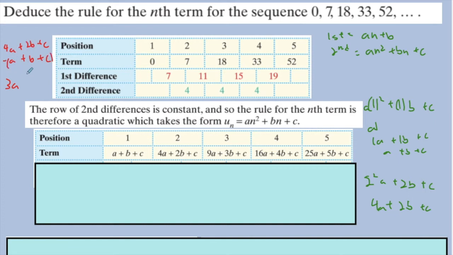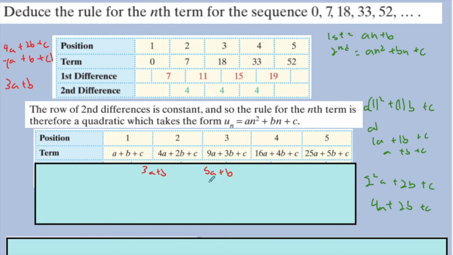3a plus b. The c is going to go away, so the difference between these two is 3a plus b. The difference between these two is going to be 9a minus 4a is 5a, 3b minus 2b is 1b, c minus c is just 0.